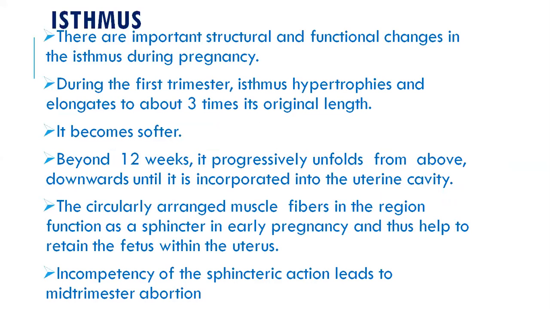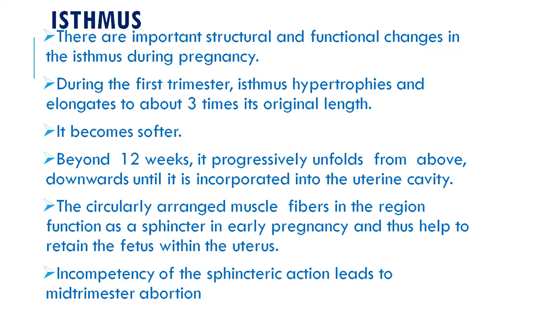Then the isthmus. What is this isthmus? There are important structural and functional changes in the isthmus during pregnancy. During the first trimester, what happens? The isthmus hypertrophies and elongates to about 3 times its original length. It becomes softer.